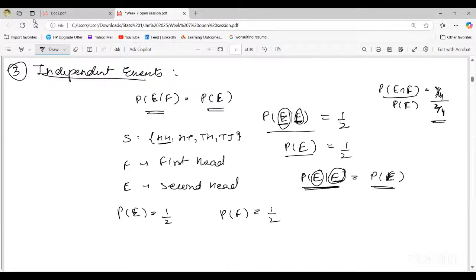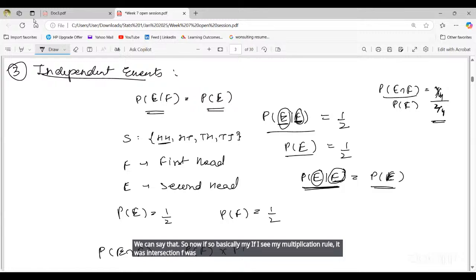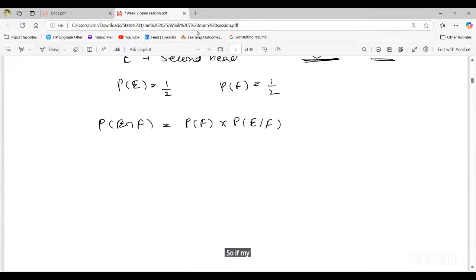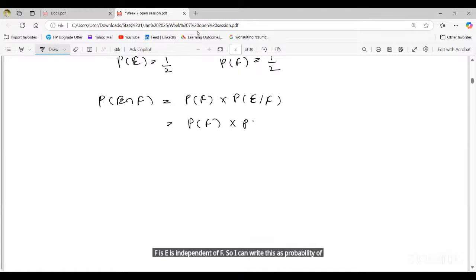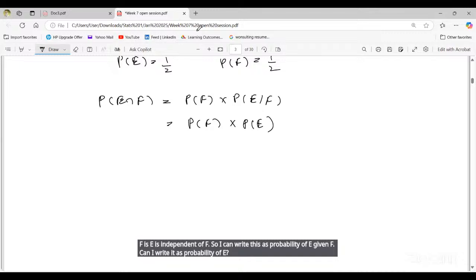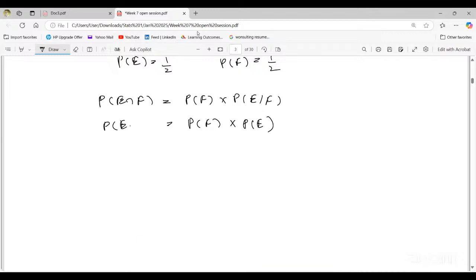That means E is independent of F. Now if I see my multiplication rule, E intersection F was the probability of F into the probability of E given F. Since E is independent of F, I can write the probability of E given F as the probability of E. So this is my rule of independence.